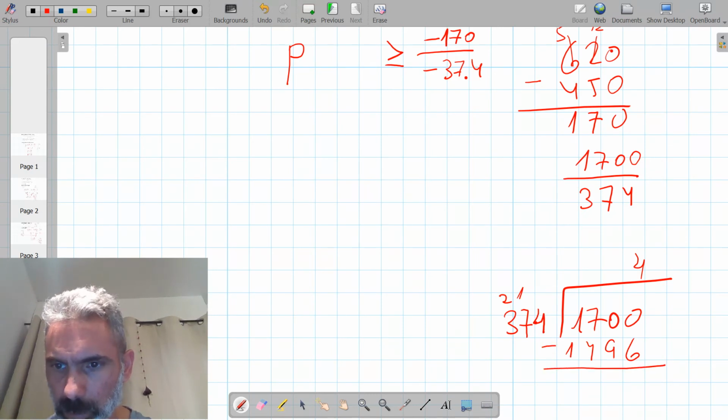Okay, now I need to regroup. So the 7 becomes 6, and this becomes 10, and this becomes 9, and this becomes 10. So 10 minus 6 is 4. 9 minus 9 is 0. 6 minus 4 is 2. And 1 minus 1 is 0.